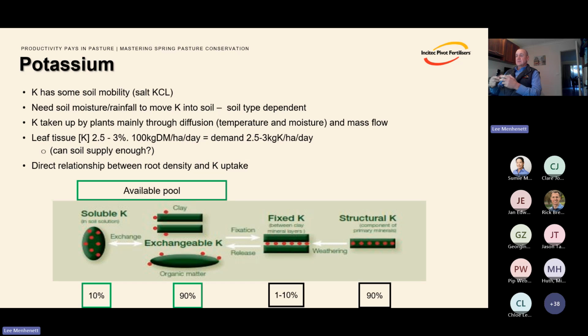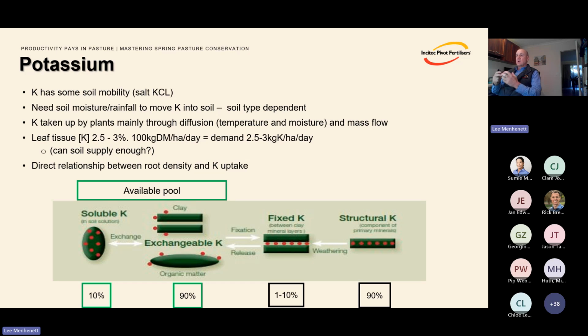So the question then is, can the soil supply enough K, give up enough potassium from the system, to supply that? And part of that is going to be the relationship between root density and K uptake.